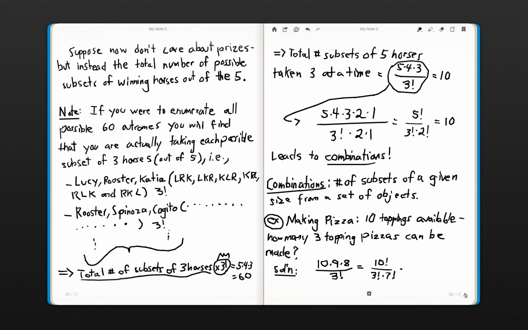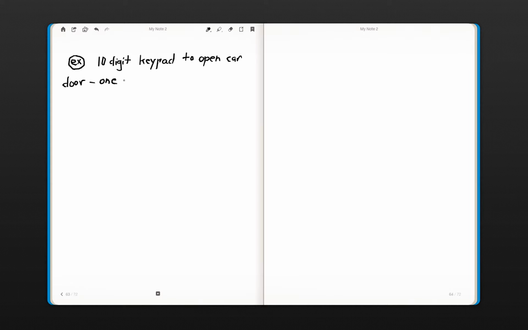So I'd like to do one final example to illustrate both combinations and permutations in one problem. So say we have a 10-digit keypad to open up your car door, and let's say that one must enter a 4-digit code. So for the first part, let's find the number of passcodes.